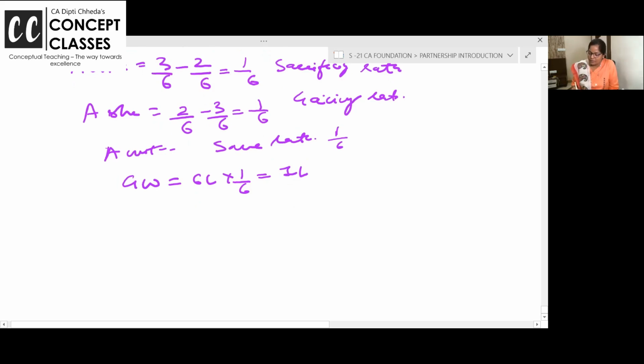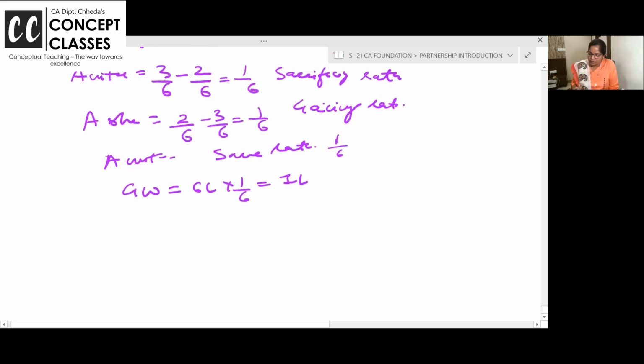Now, this 1 lakh goodwill, gaining partner should be debited. Asha's capital account debit.